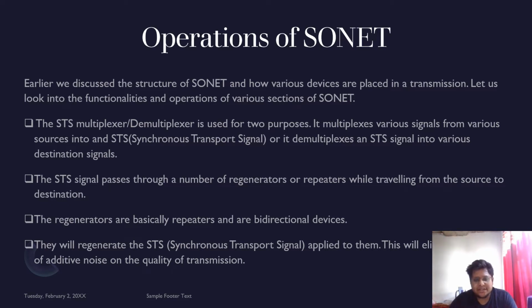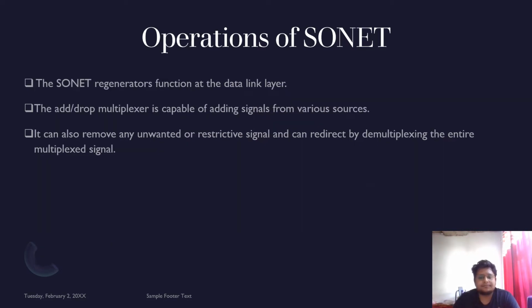They are used to regenerate the STS signal applied to them. This, of course, results in additive noise that will reduce the quality of transmission. The regenerators function on the data link layer. Any operation between the regeneration, either the amplitude increasing or remaining the same, will happen at the data link layer. The layer is untouched. This helps us in reducing the noise output.